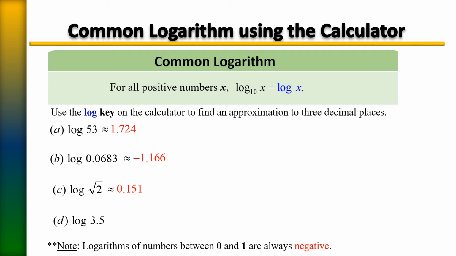And lastly, go ahead and find the log of 3.5. Okay, so how'd you do? If you're having any trouble evaluating these common logs on your calculator, please see me after class.